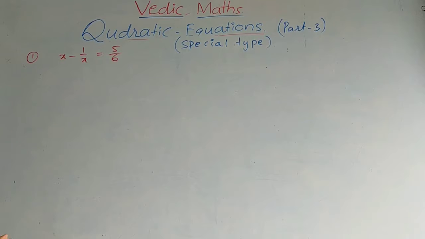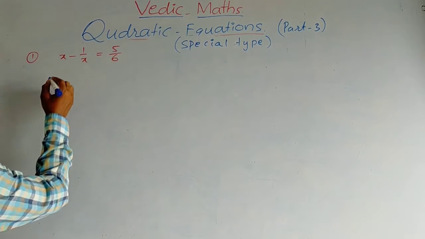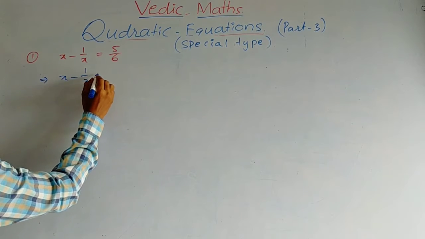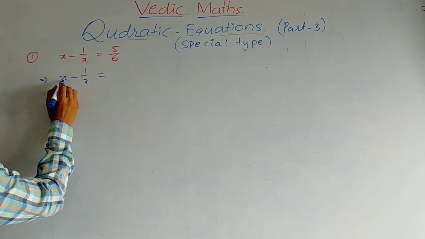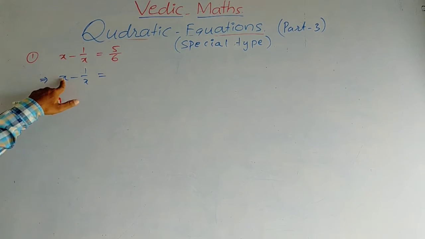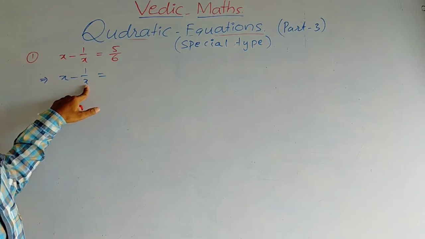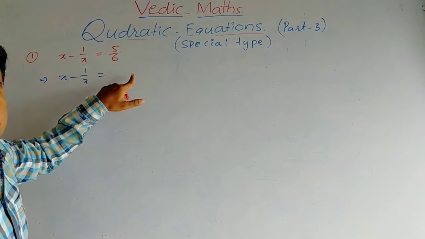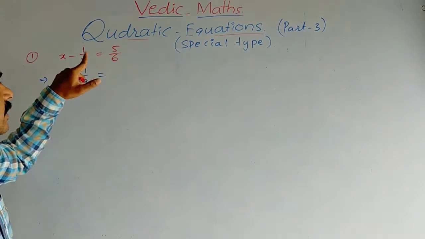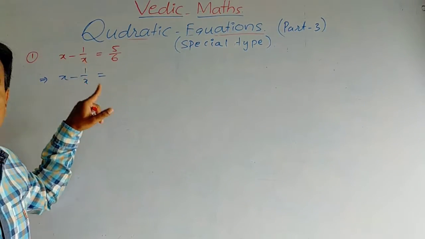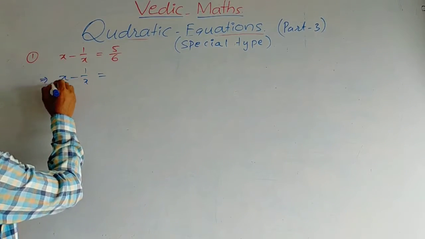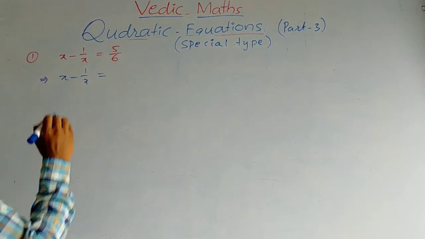Okay, you see here how we can do this. We have to write x minus 1 by x, because x and 1 by x are reciprocals of each other. The 5 by 6 also we have to write as the difference of two reciprocals, because on the left hand side there is a difference of two reciprocals.